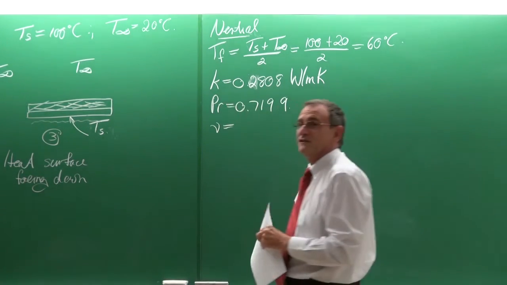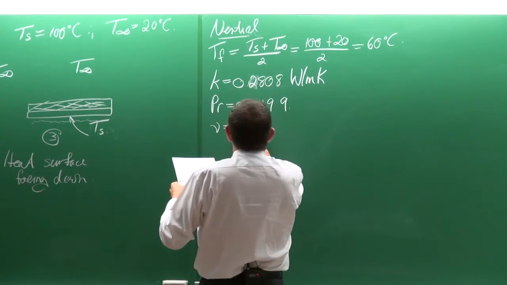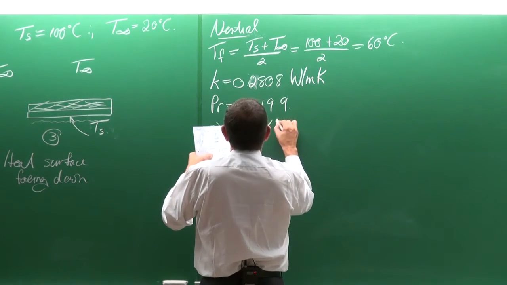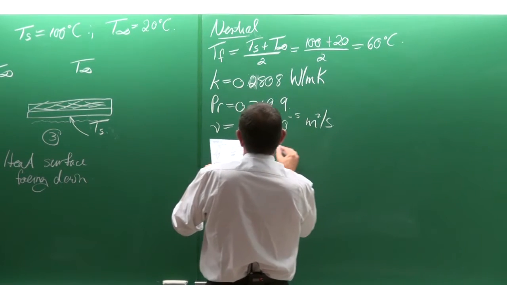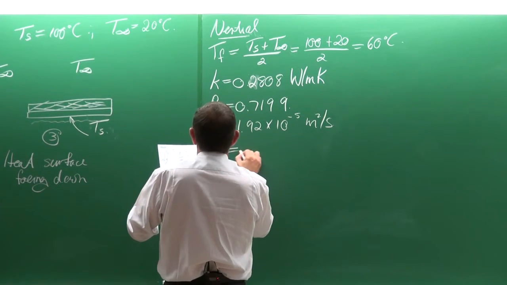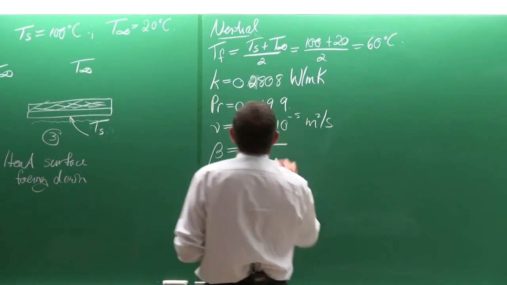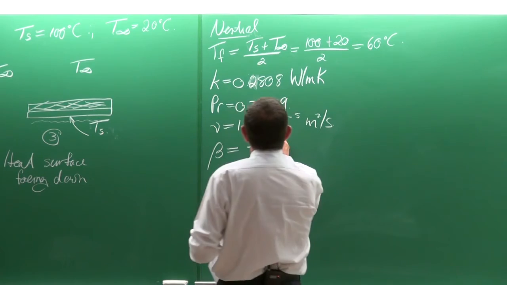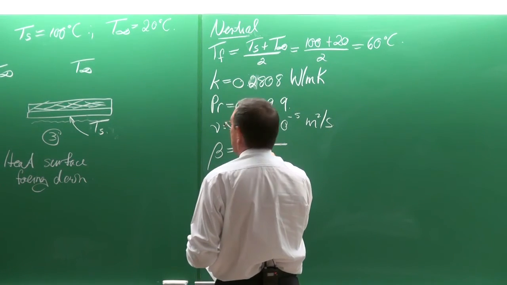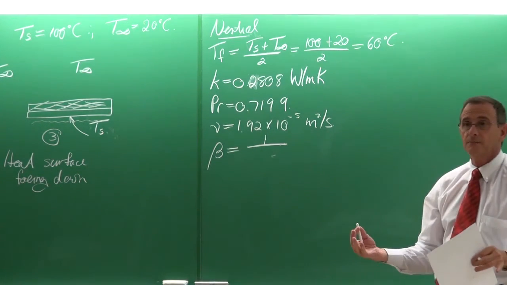The kinematic viscosity is equal to 1.92 × 10^-5 square meters per second, and beta is 1 divided by the film temperature, if it's an ideal gas.